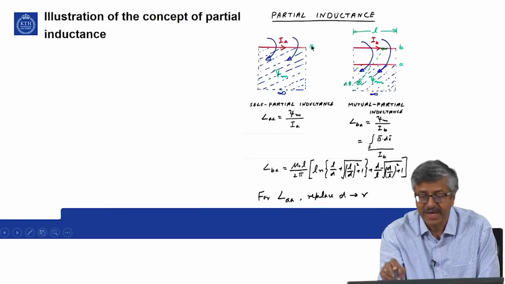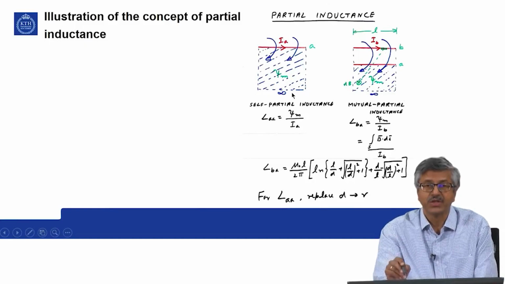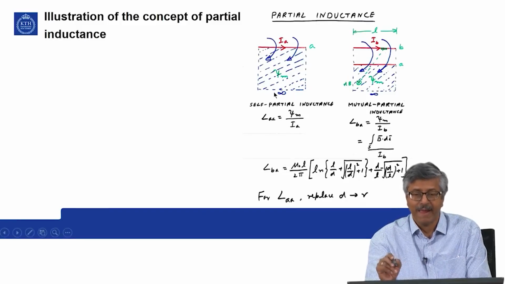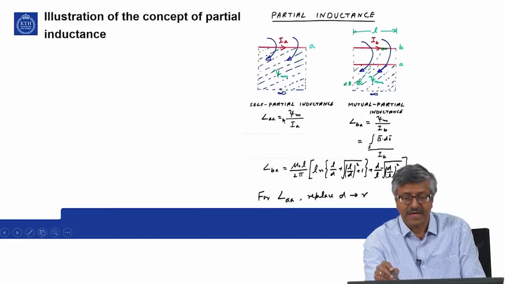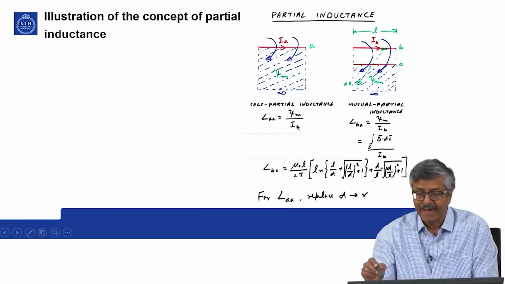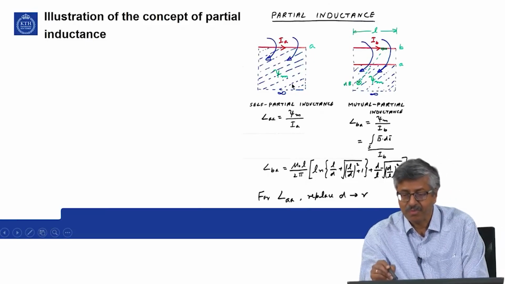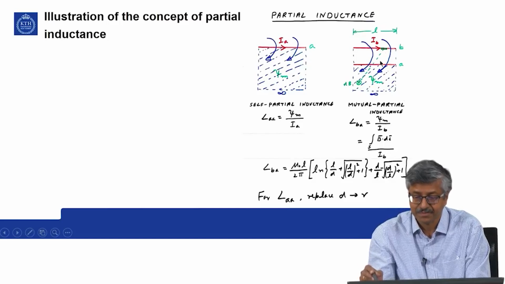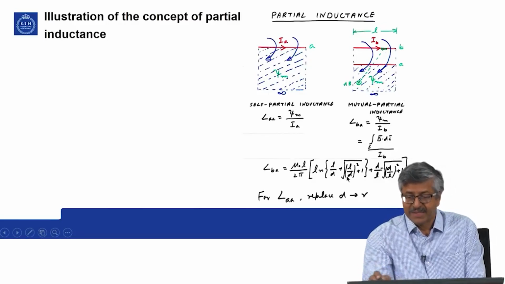If you have a current carrying conductor I A and some flux phi m, and assume that you have an imaginary return conductor at infinity, and you set up this expression L AA equal to phi m by I A and do a calculation, that is integral B dot ds by I A, or integral B dot ds by I B for mutual inductance, then you get an expression like this.